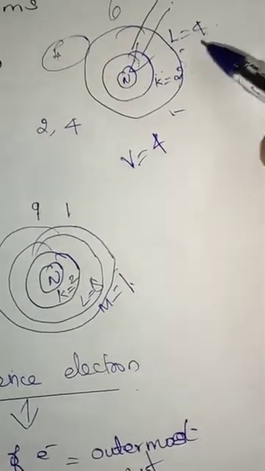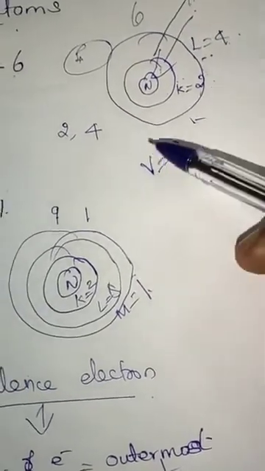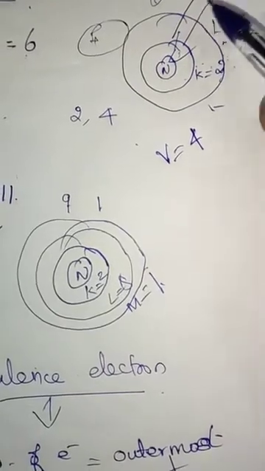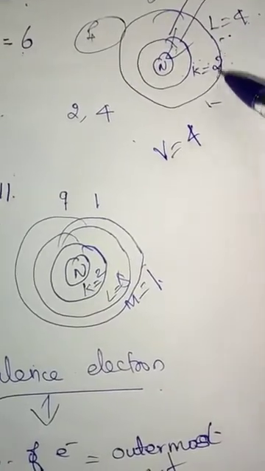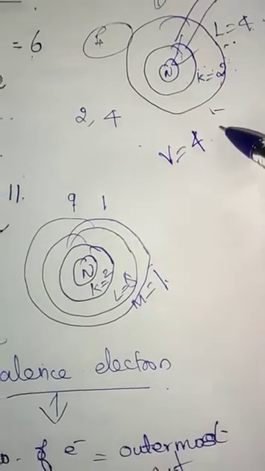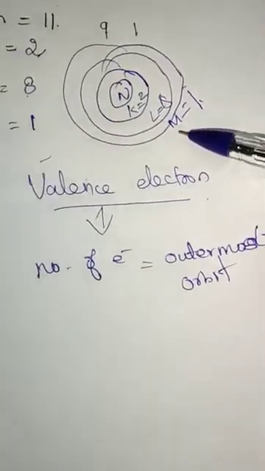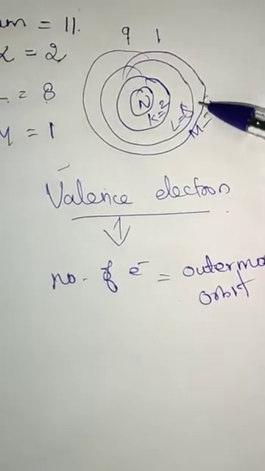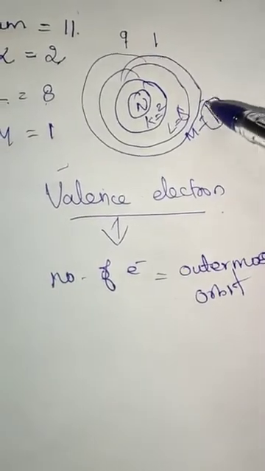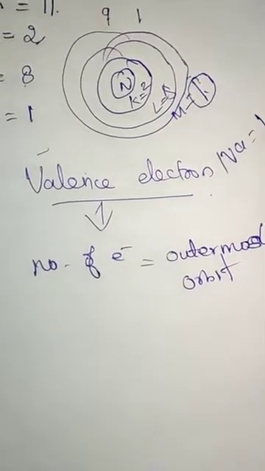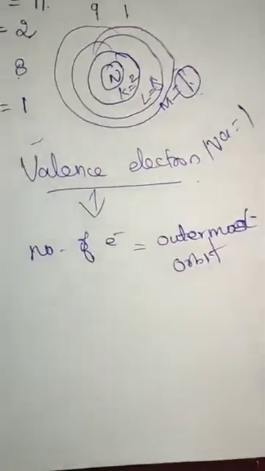The number of electrons present in the outer orbit is called its valency, or the number of valence electrons. For sodium, the outermost orbit is M, and the number of electrons in M is 1. So the valency of sodium is 1.